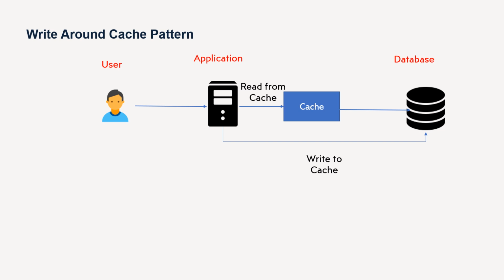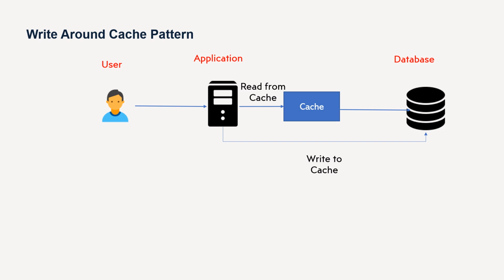Then we also have this write around cache pattern. In this, if you remember in the previous pattern, all the writes were going to the cache. But here the writes are going directly to the database. Suppose any application wants to write some data, it will not come via the cache. It will come directly to the database. So the app will update the database directly. But for any read request, it will come to the cache.